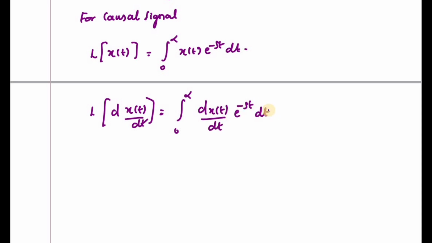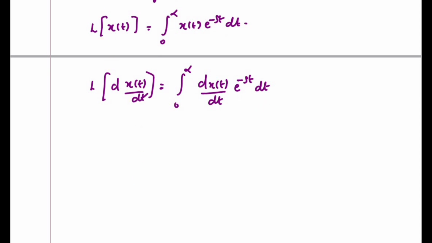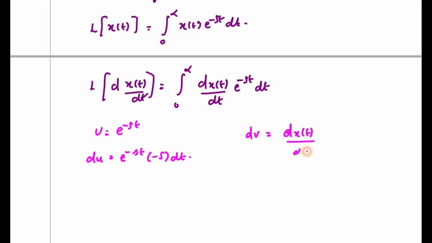In this, I'm going to take u equal to e power minus st. If I differentiate u, I'll get du equal to e power minus st into minus s dt. What is dv? dv is dx of t divided by dt into dt, which is nothing but dx of t.